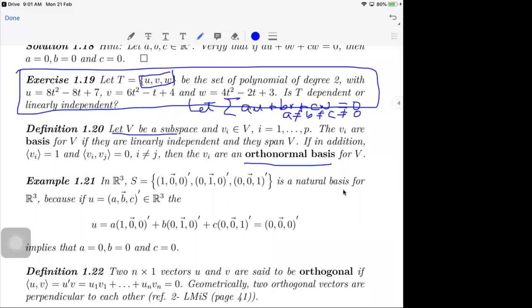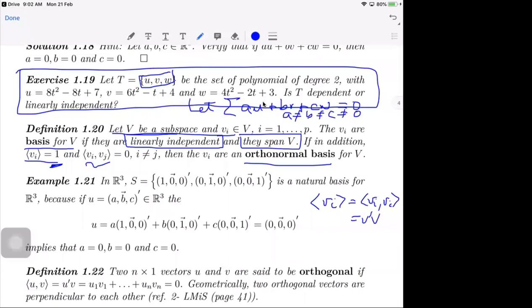So you have a subspace V, and the vi are vectors in the subspace V. The vi are a basis for V if these two conditions are satisfied: they are linearly independent and they span V. If in addition, the inner product of each vi with itself, vi prime vi, is equal to 1, and the inner product of vi with the other vectors is equal to 0, then the vi here are an orthonormal basis for V. Not only a basis, but an orthonormal basis for V.